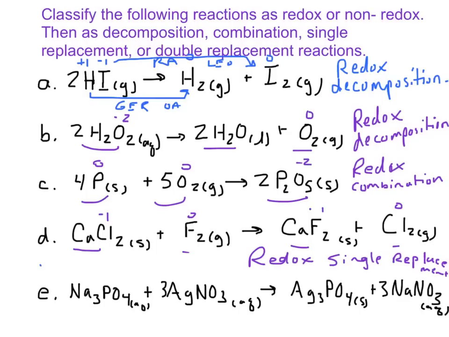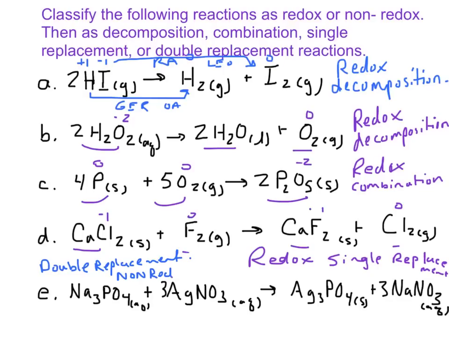I'm going to change to blue so you can sort of see double displacement or replacement. Different books use different things, so sometimes they say replacement, sometimes displacement. Now, on this one, though, the charges of all the elements stay the same all the way through. So this is non-redox.